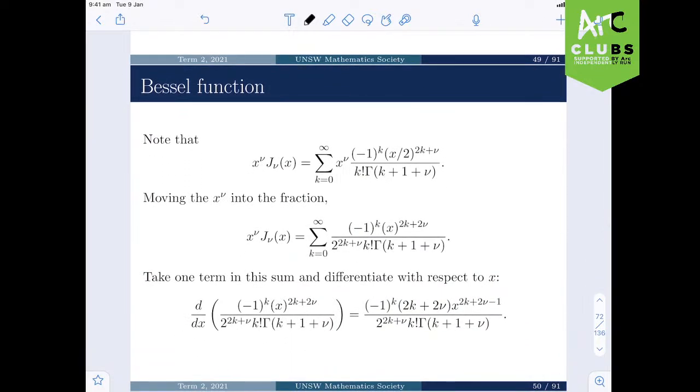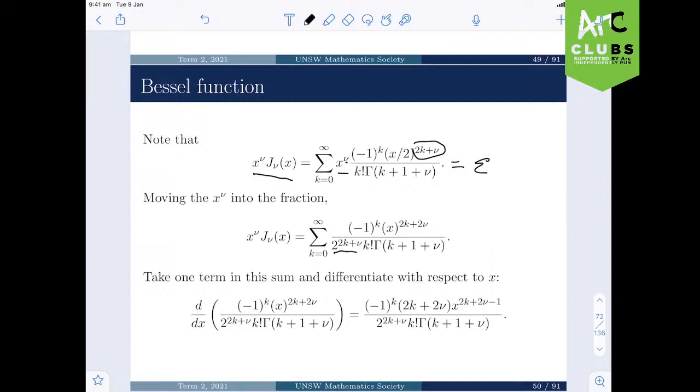Okay, let's go through this. So x to the nu times the Bessel function of order nu, we can just put the x to the nu inside the sum and put it into the fraction. So the nu kind of goes into here, and the 2 to the 2k plus nu over here. I think there were some steps that were skipped, so I'll go through them very quickly.